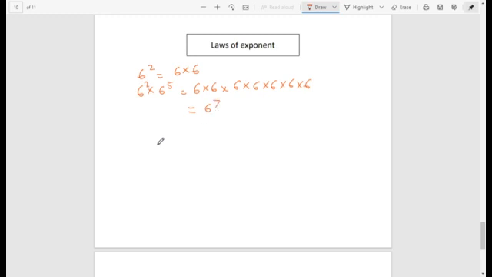So if I generalize this one, I can get x to the power m into x to the power n is equal to x to the power m plus n. When bases are same, powers are added.